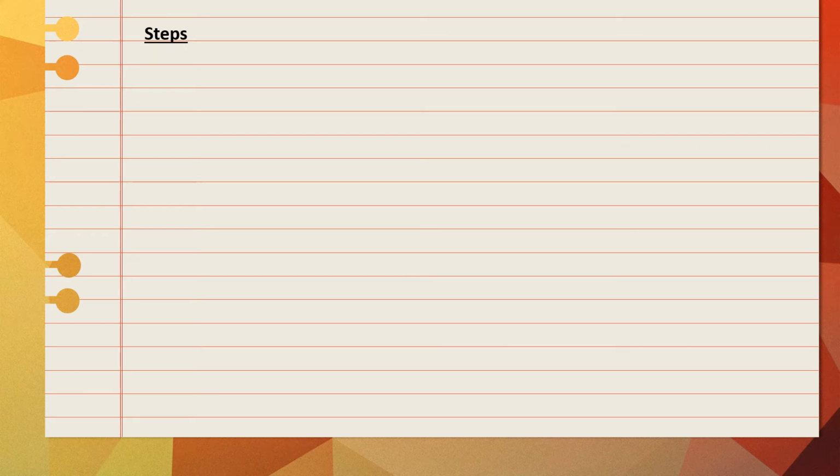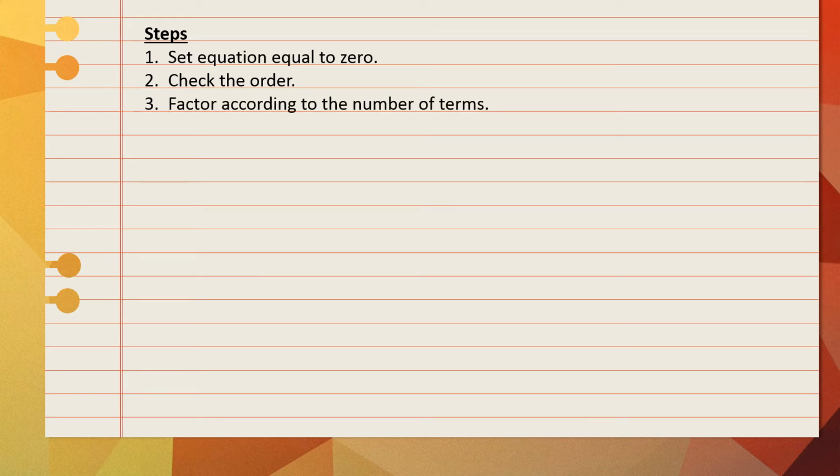Our first step was to make sure the equation was equal to 0. Once it was equal to 0, we then had to check the order. It needed to be in descending order according to the exponents. From there, we factored according to the number of terms. And then once it was factored, we set each linear piece equal to 0 and solved.